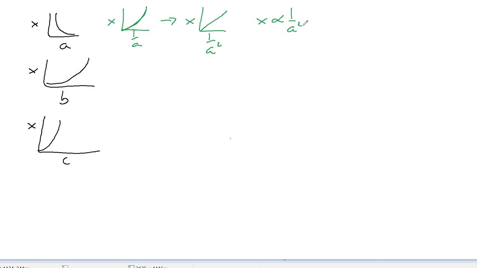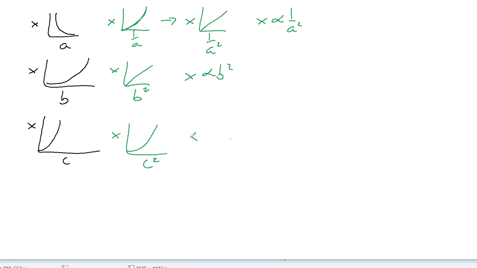Okay, then you go to the next one, and you got a nice little curve. So you try graphing b squared, and when you graph b squared, you end up getting a pretty straight line. Okay, no problem. So x is probably directly proportional to b squared. You go to the last one, and you try graphing x versus c squared, and still curves. So, okay, well, let's try something else.